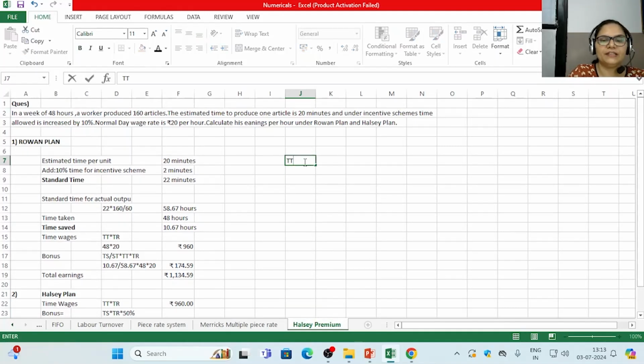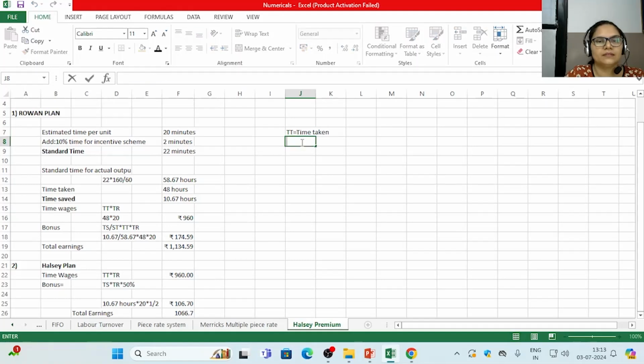I have used TT, which stands for time taken. TR stands for time rate.